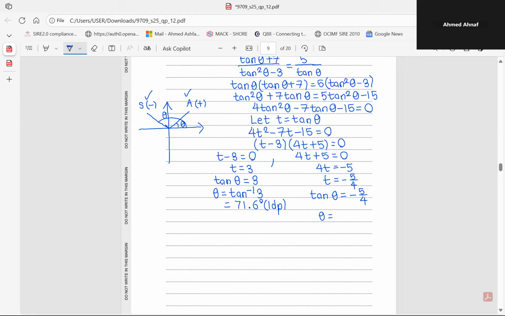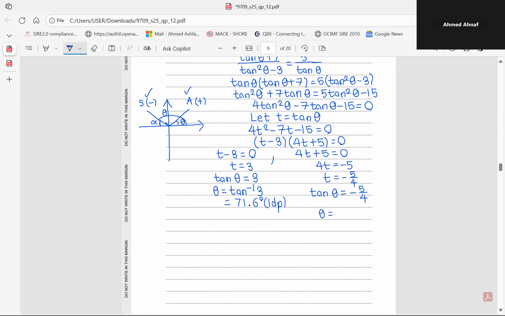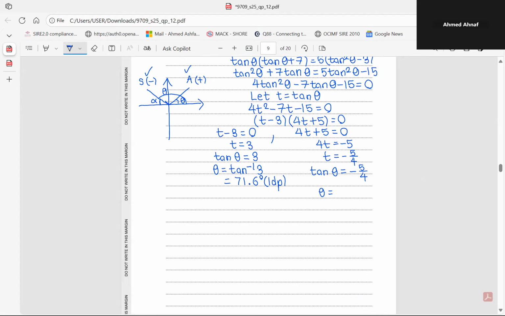In order to get this obtuse angle, you'd have to first do 180 minus alpha, which is the basic angle that you get when you're taking the inverse. So here theta would just be 180 minus alpha, which is tangent inverse of the absolute value of 5 over 4, which is just 5 over 4. So type it into your calculator.